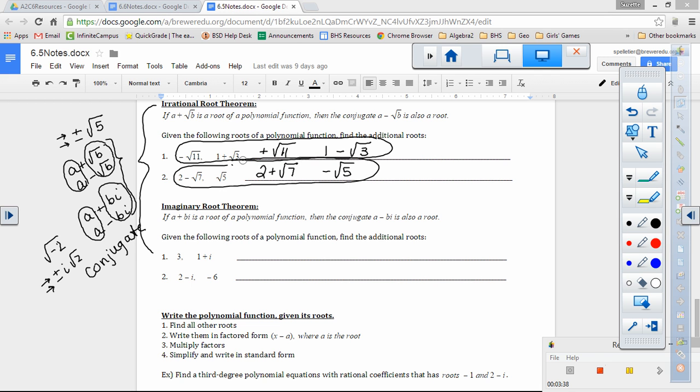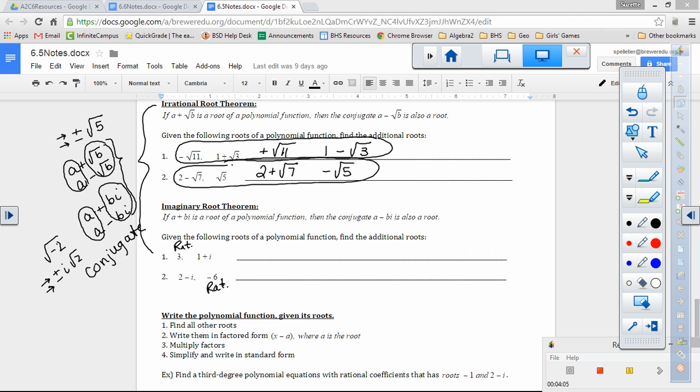Now, in the imaginary root theorem, in these examples, we're trying to trick you a little bit because we've included a couple of rational roots. This one is rational, and this one is rational. Those are whole numbers, regardless of whether they're positive or negative. They do not have conjugates. They're not radicals, and they're also not i's. So in this particular case, it says, given the following roots, find the additional roots.